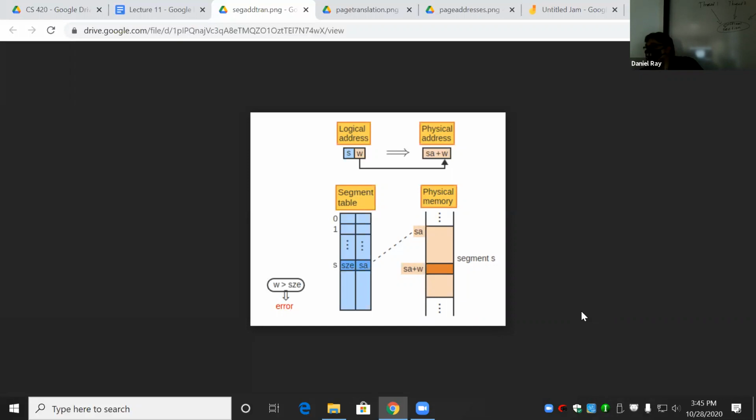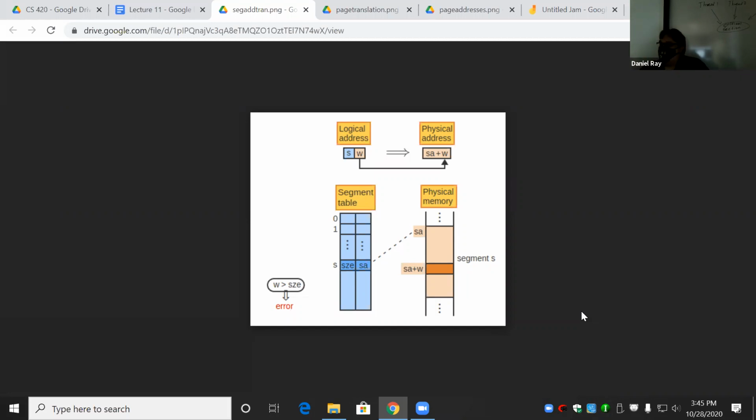Does segmentation allow for external fragmentation? Yeah, for the same reason that swapping does. Because the chunks that you are moving into and out of physical memory are variable size, which means that the holes you leave behind are going to have to be big enough, and you're going to have to check to make sure that the hole is big enough before you can load each segment into that hole.